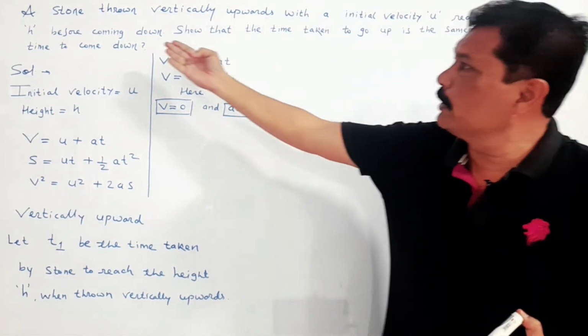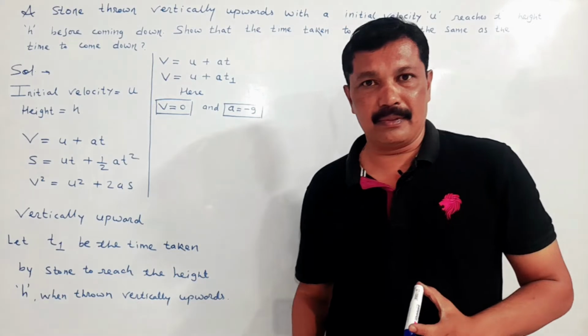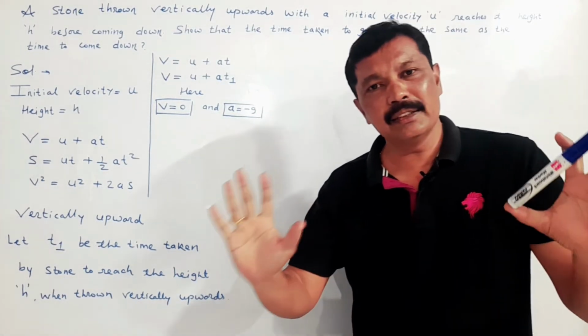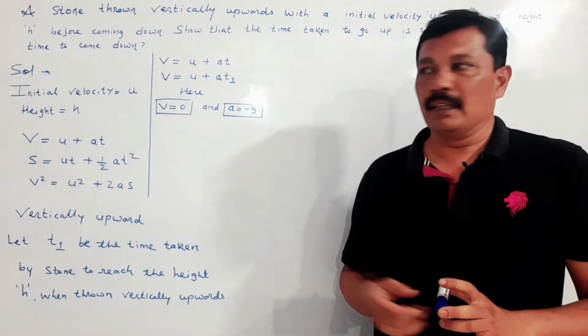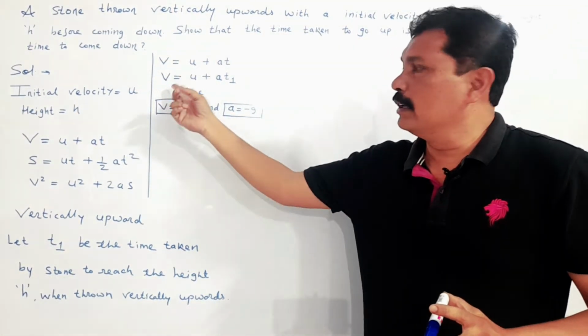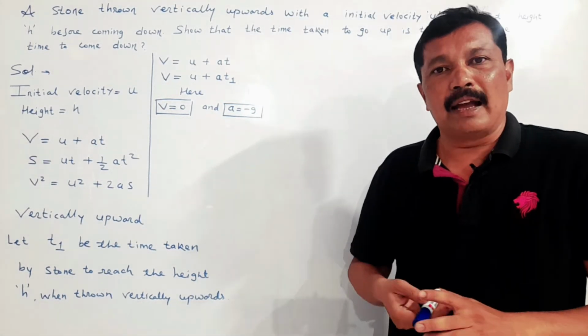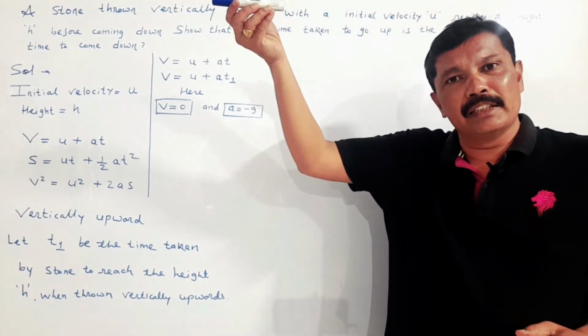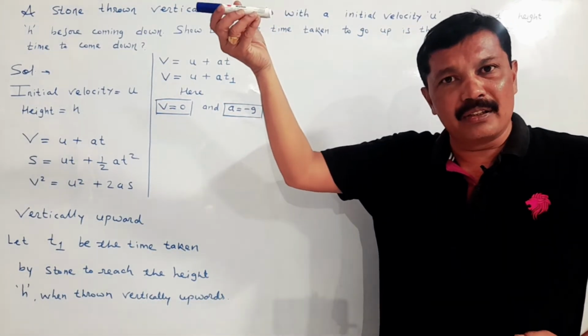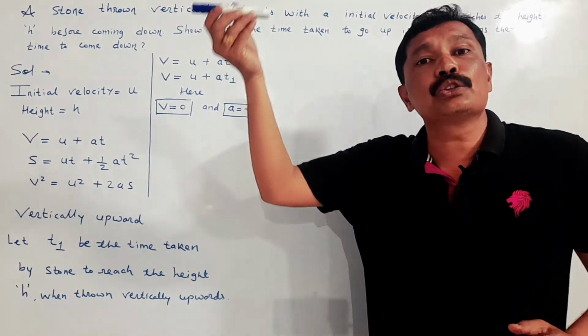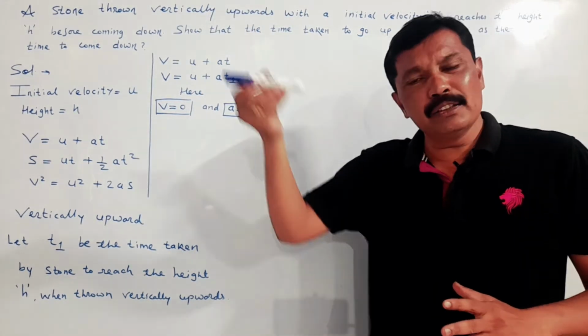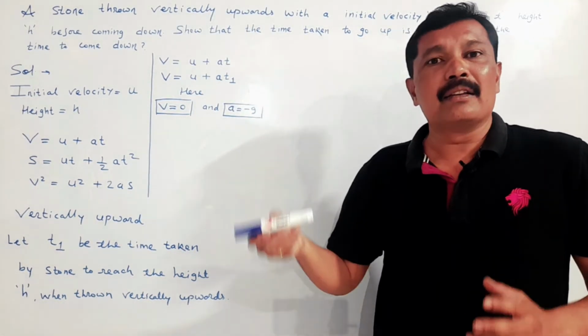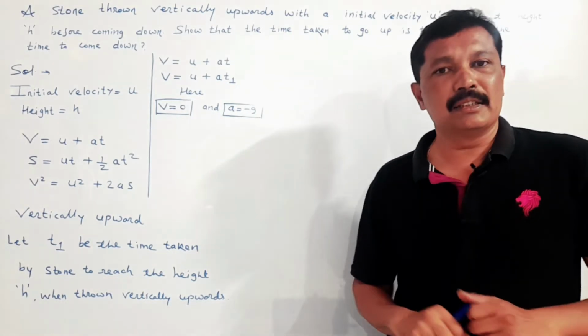The height is given to us, that is h. So the condition is clear. The initial velocity will be u, and when the stone reaches a particular height h, what happens? The stone stops. And when the stone stops, the final velocity will be 0.